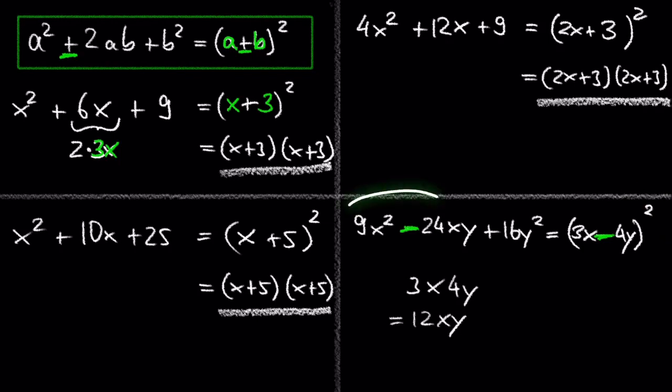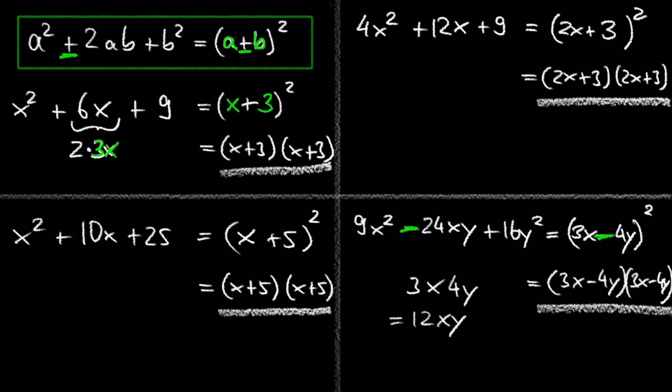So the factors of 9x squared minus 24xy plus 16y squared are 3x minus 4y and 3x minus 4y. And we are done with this problem.